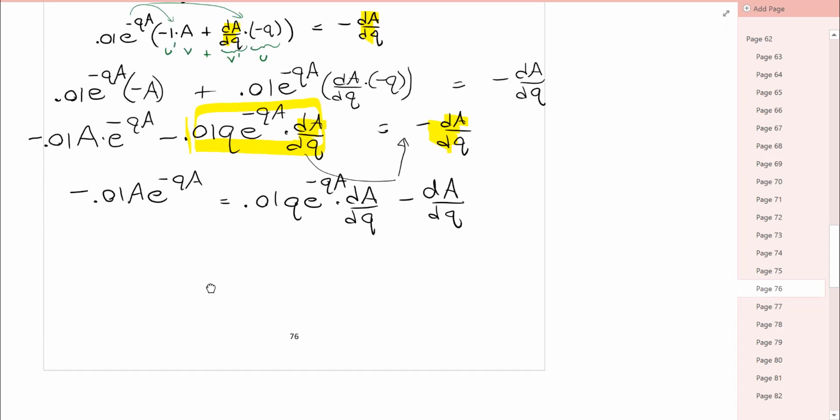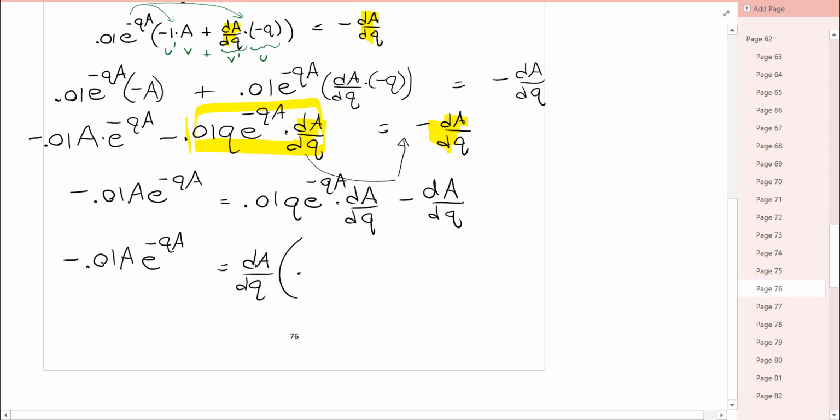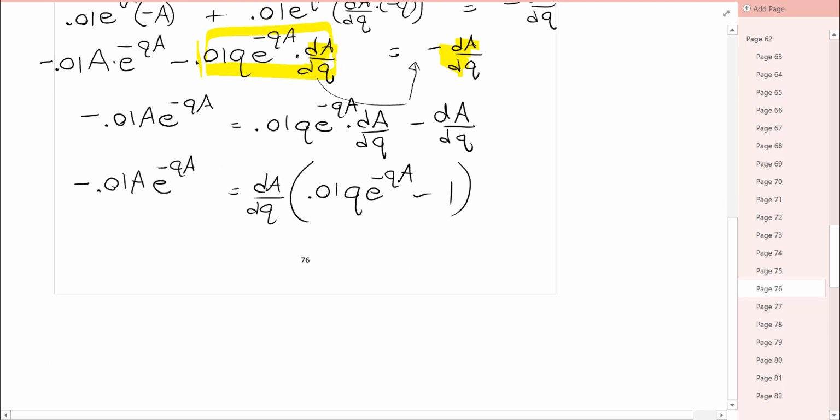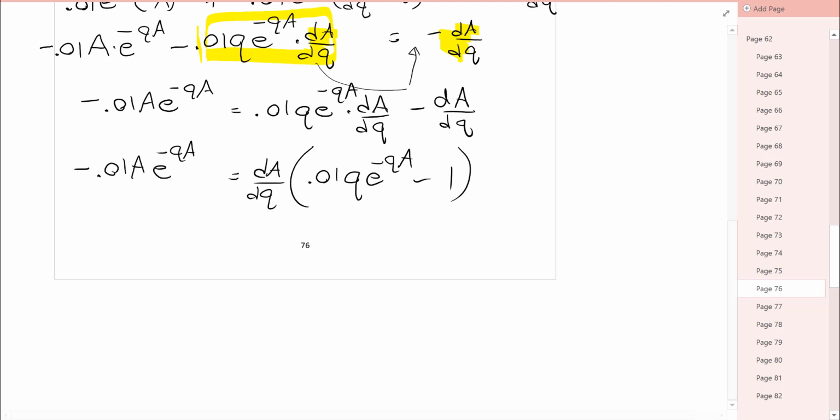And now we're going to factor the dA/dq out. And then we just divide both sides by the residual, or whatever you call it.